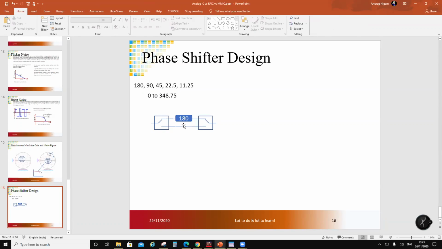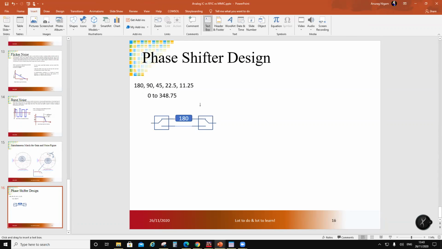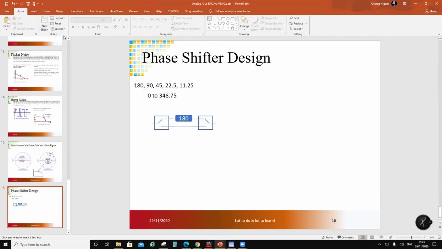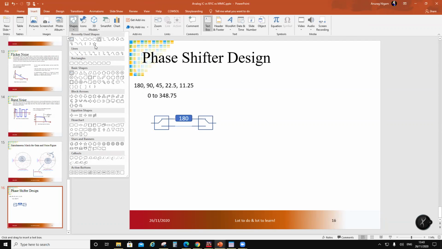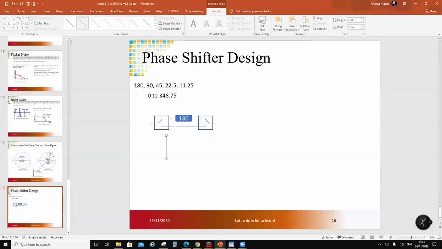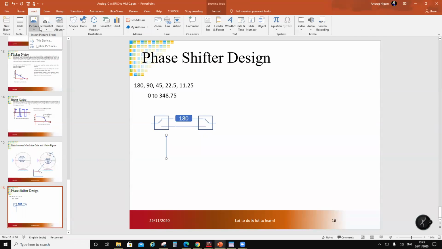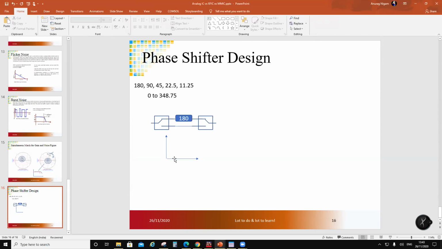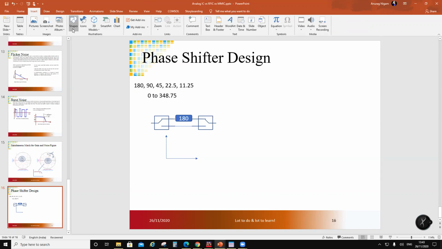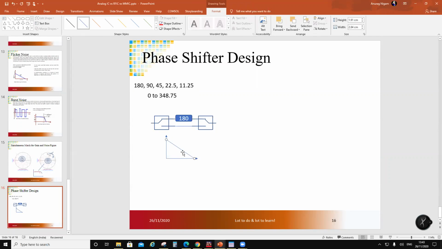Okay, so if I do this arrangement, on one path I have 180 degrees, on the other path I have 0. Then if I was to plot the phase, the phase will go through 180 degrees, something like this.